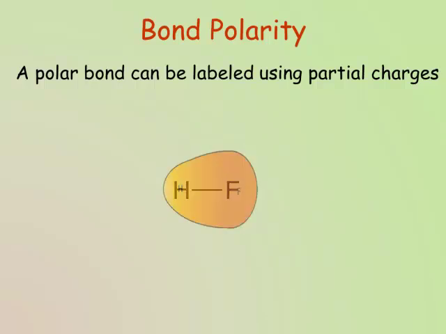Remember that electron cloud illustration? The electrons reside more on the side of the more electronegative element, fluorine here. One way of noting that is with partial charges, a lowercase delta and a plus on the electron deficient end, and a delta minus on the electron heavy end.